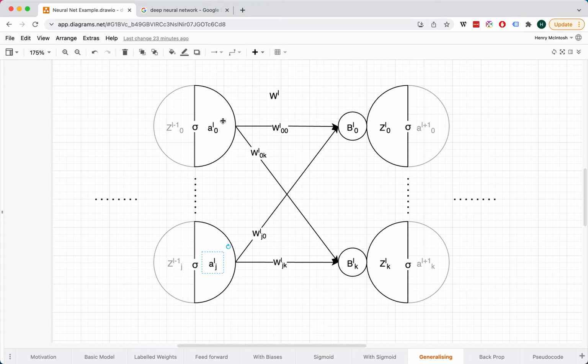So with this model in mind, we're just going to say that this is A of length J, then we've got B and Z of length K, and then we've got this weight matrix with the dimensions J by K, and then we are going to apply the sigmoid function to take it from this Z to the activation of the next layer.